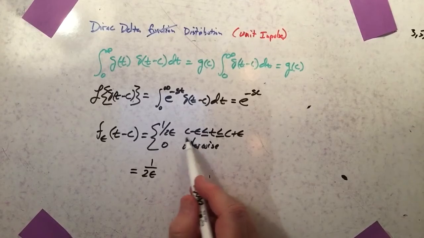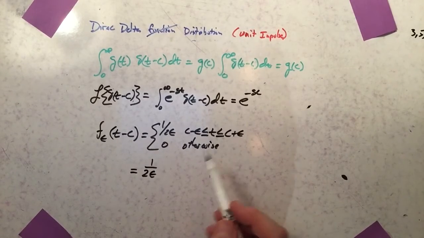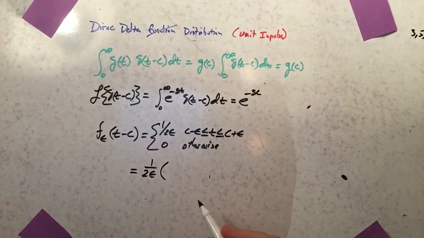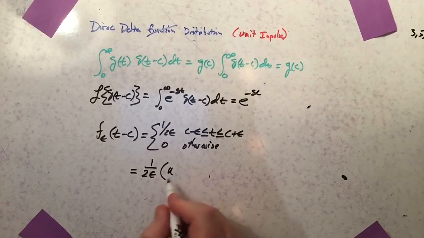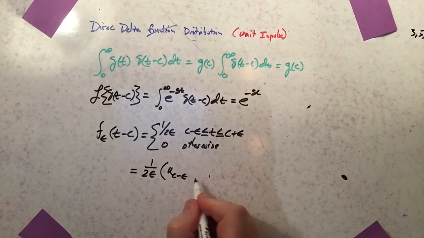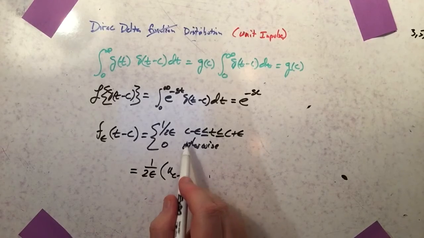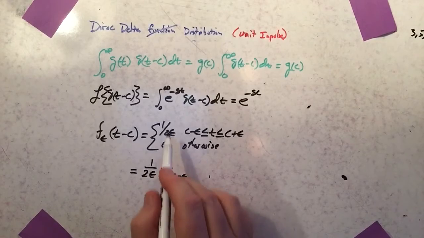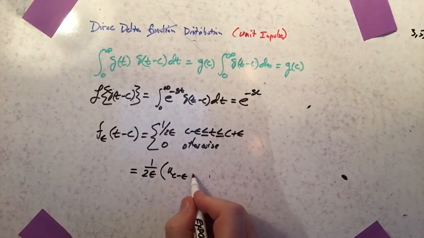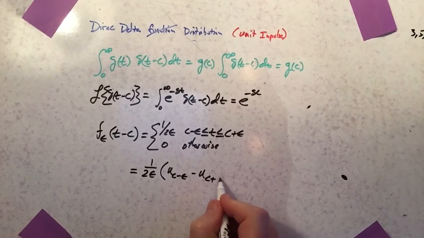This is a step function, which means it steps up to have a certain value for a while, and then it steps back down again. But I can use a difference between Heaviside functions to do that. So this will be the Heaviside function at c minus epsilon, because it's 0 all the way up to that point, so it'll be 0 otherwise until we reach this condition, and then this guy guarantees that it turns on and starts producing this, and then I'll subtract the Heaviside function at c plus epsilon.